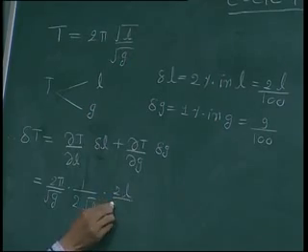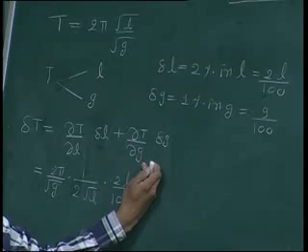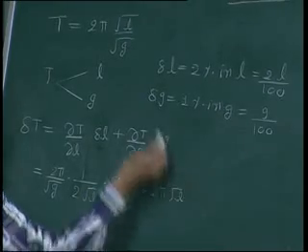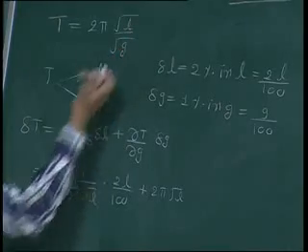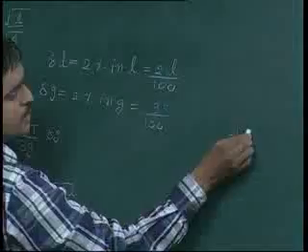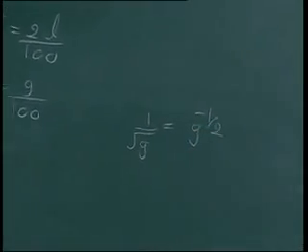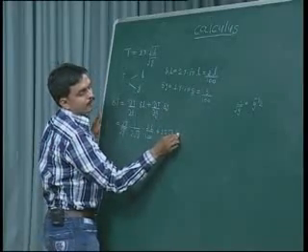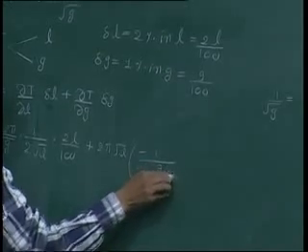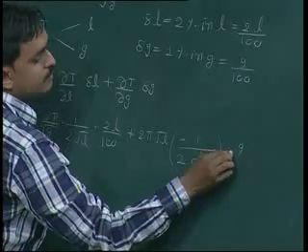So 2L by 100 plus, now the derivative of T with respect to g partially, so 2 pi common, root L common. Now we take the derivative of 1 by root g, which is equal to g raised to minus half. If you find the derivative of this, that will be minus 1 upon 2 g raised to 3 by 2 into change in g, that is g by 100.